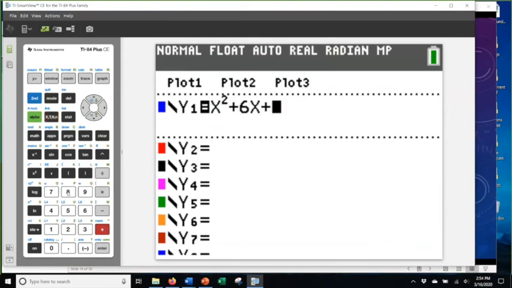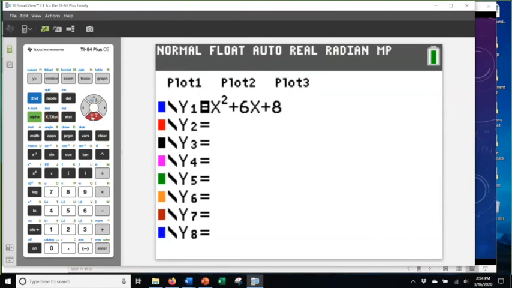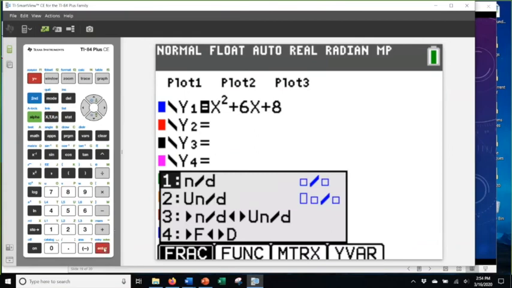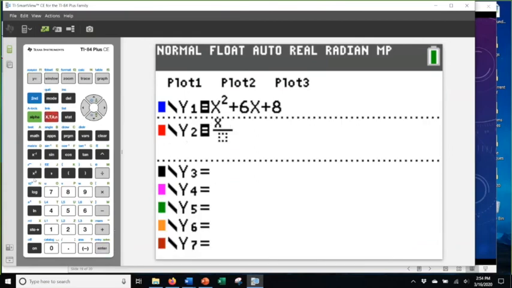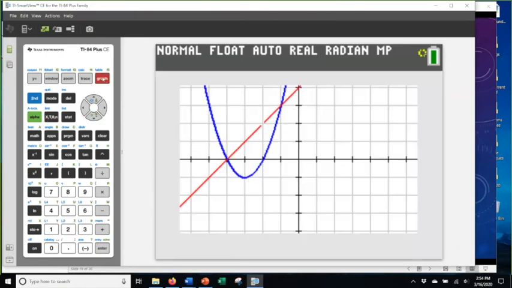Can you put on your Algebra 1 hats and factor that? In our y2, I want to put x squared plus 6x plus 8 divided by x plus 2. Okay, and compare and contrast these.